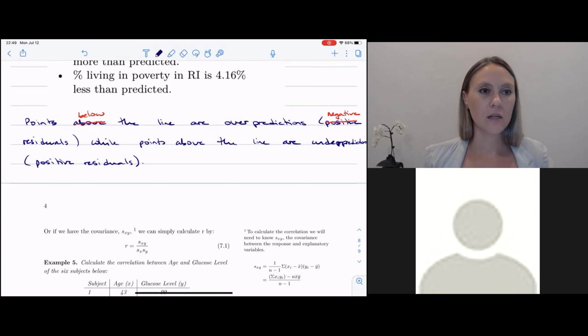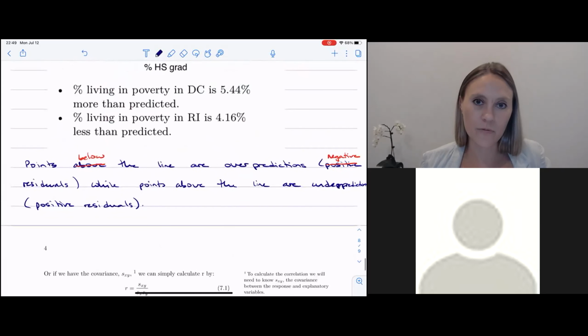Okay. Good. But overall, right, we're going to have some positives and some negatives. And if we add them all up, they're going to add to 0. And that is because of how we construct our line, which we will be doing in the next part. So I will see you then.